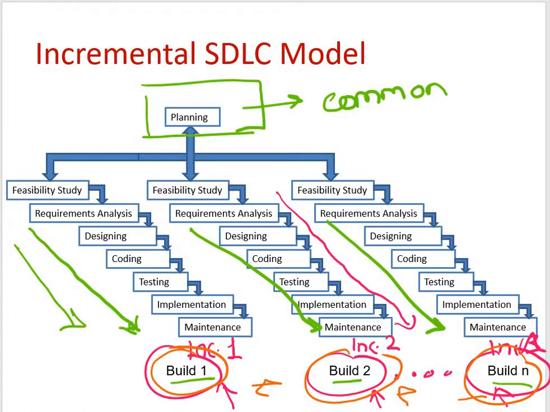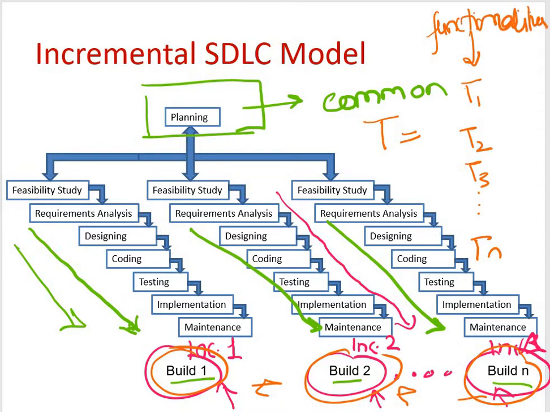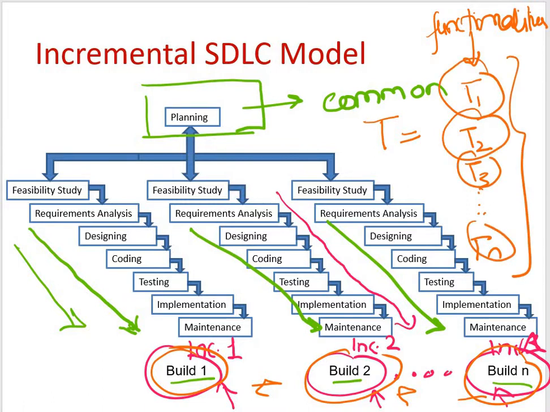So a major task T has been divided into small tasks, T1, T2, T3 up to Tn. And these tasks comprise some of the functionalities of my application. So initially I come up with T1, then T2, then T3, up to Tn, and this is the final product.